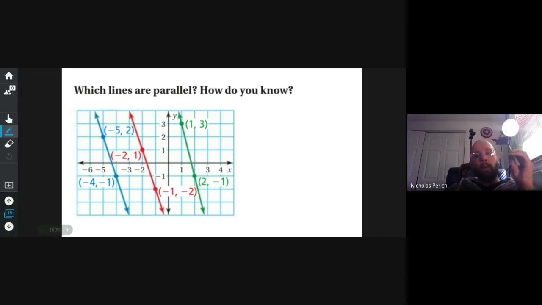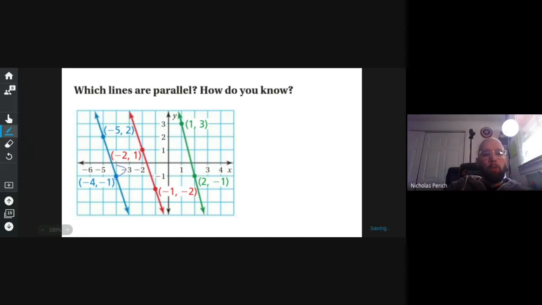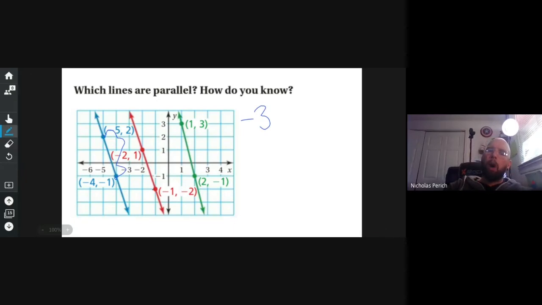Which lines are parallel? How do you know? I know that all of these lines are negative slopes because if I were walking left to right, I'd be going downhill in a steep manner. So let's find out the slopes of each of these. I go down 1, 2, 3 over 1. So it's negative 3 over 1, which is just negative 3. I'm going to look at the red one. I'm going to start here and go down 1, 2, 3, and I'm going to go over 1.